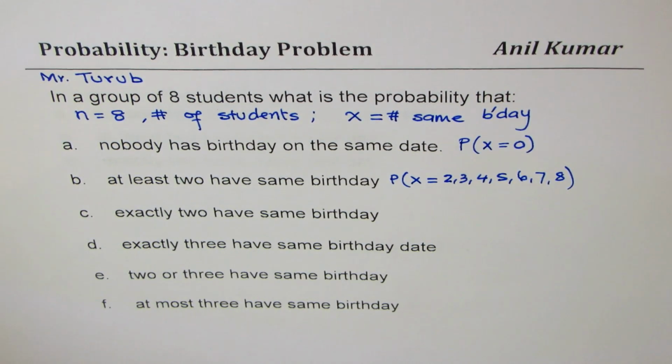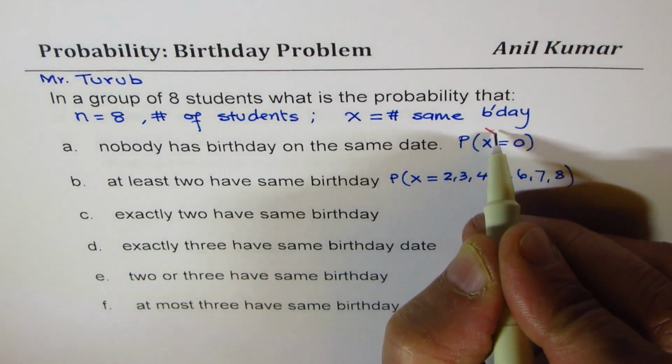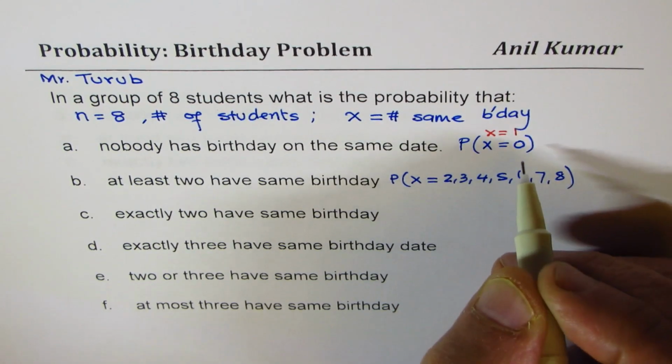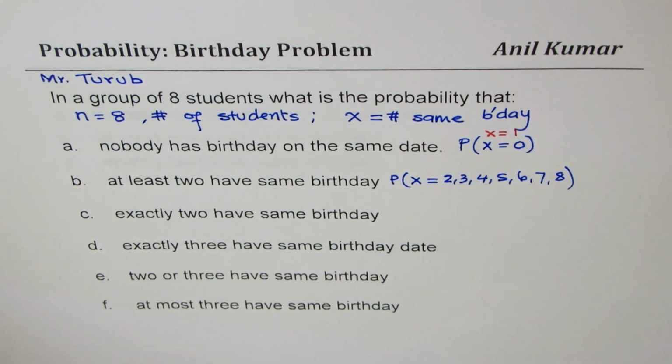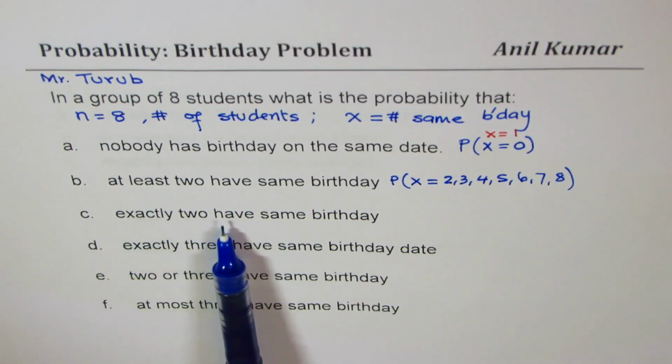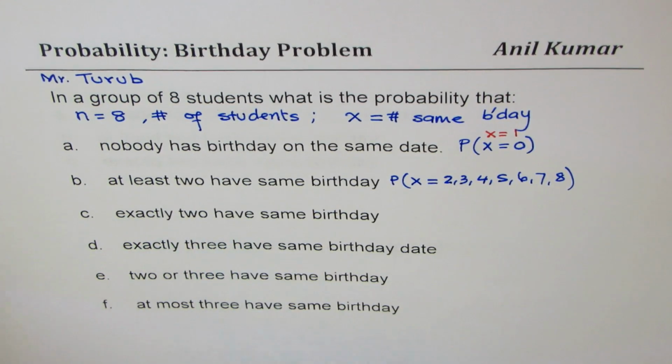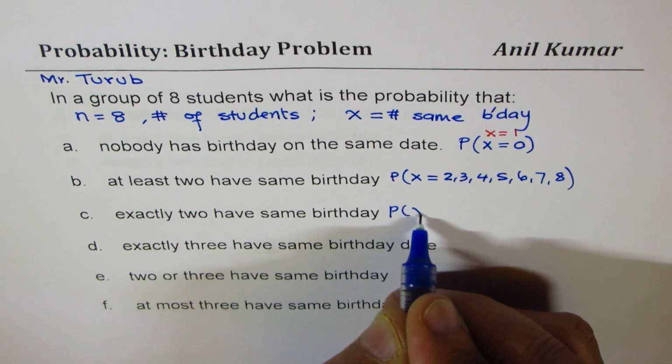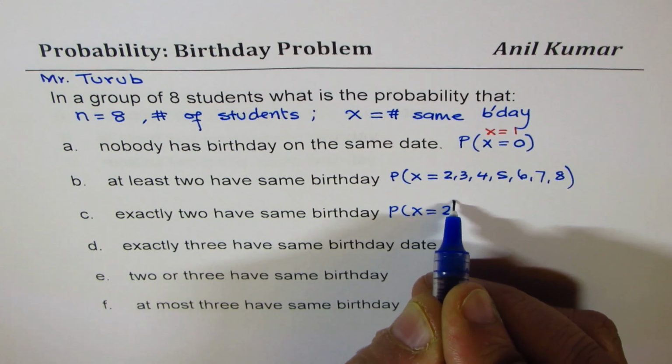As I said, x equals 1 means the same as x equals 0. That means everybody has a unique date, no overlappings, correct? Now, if I say exactly 2 have same birthdays, that means probability for x equals 2.